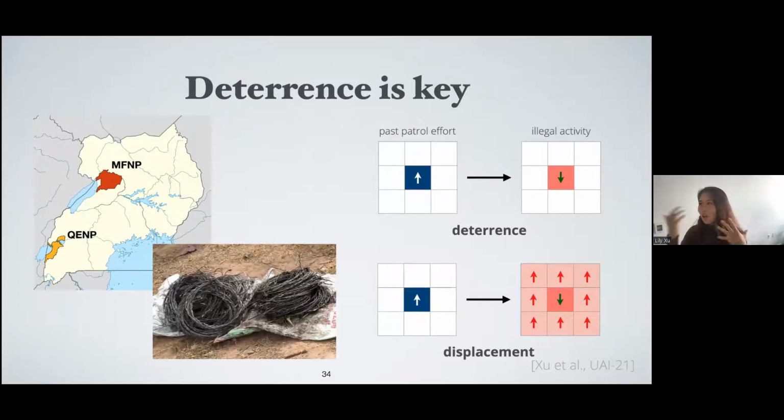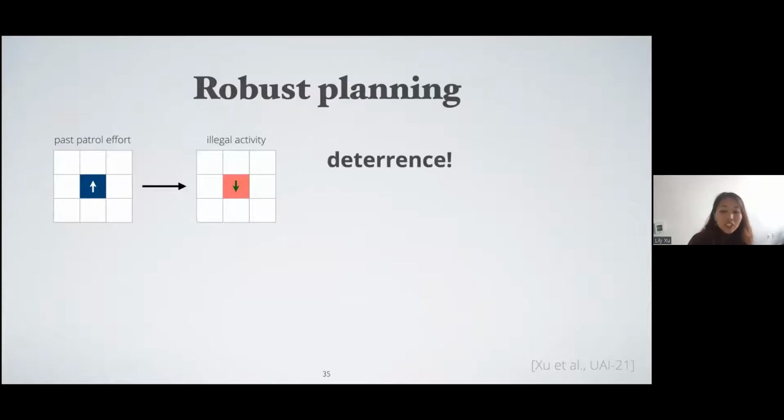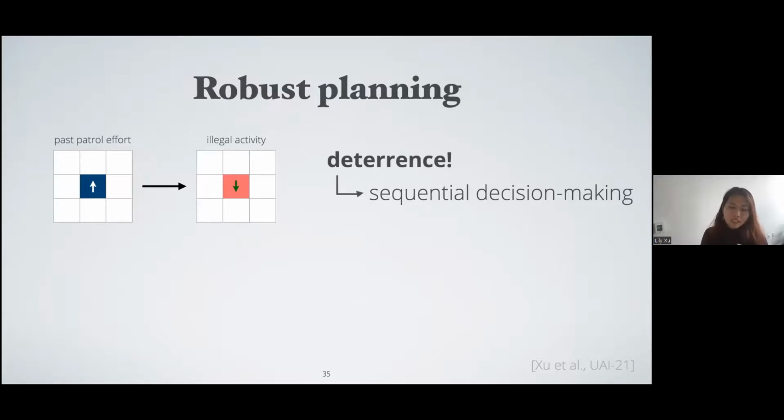So there is this whole sequential dynamic environment setting. So the fact that we have deterrence necessitates sequential decision-making. However, the most prominent sequential decision-making approaches, such as reinforcement learning, require very accurate simulators of the environment in order to learn good policies.